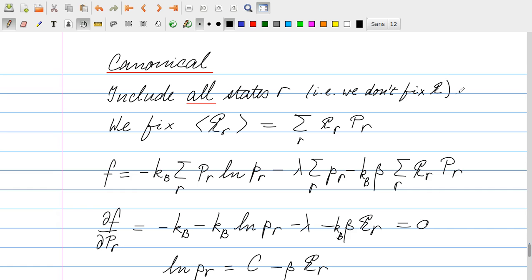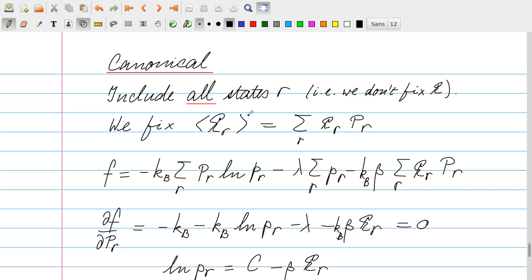But what we do fix is not the energy of each state, but the expectation value of the energy, because if we wouldn't restrict the energy to some value, then the system would go to infinite energy, because that's where its entropy is largest. So to keep the energy within bounds, we fix its expectation value. So the system can still assume any energy, but the expectation value should always be E.